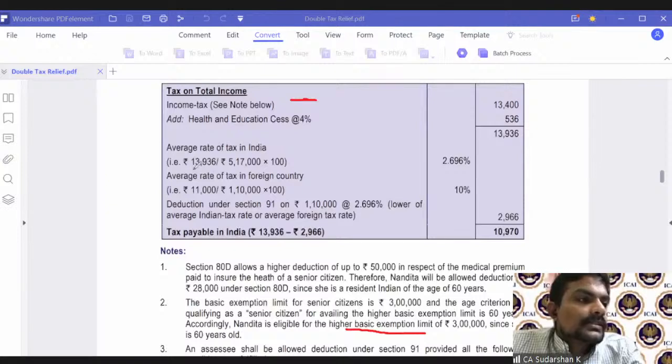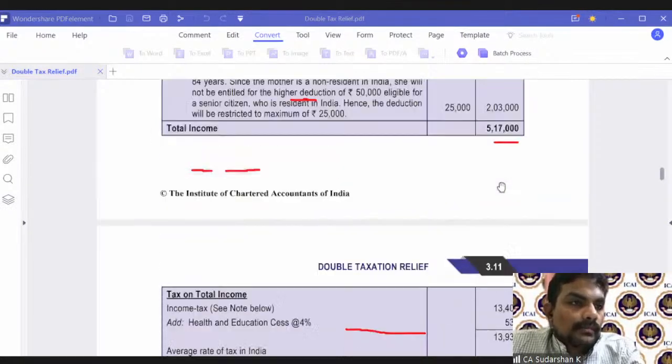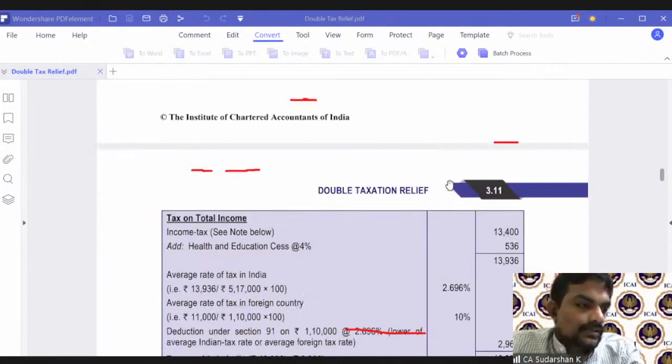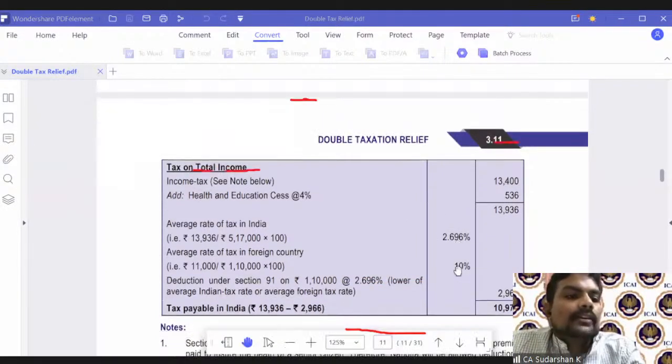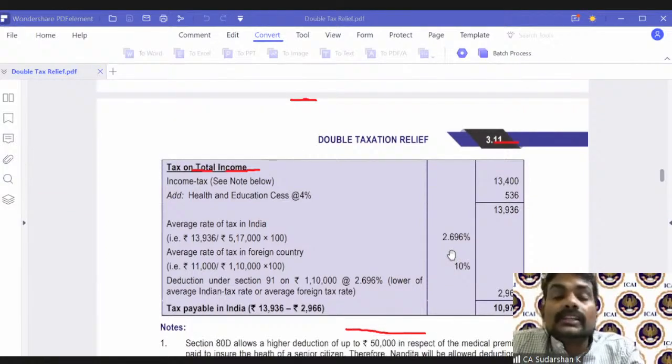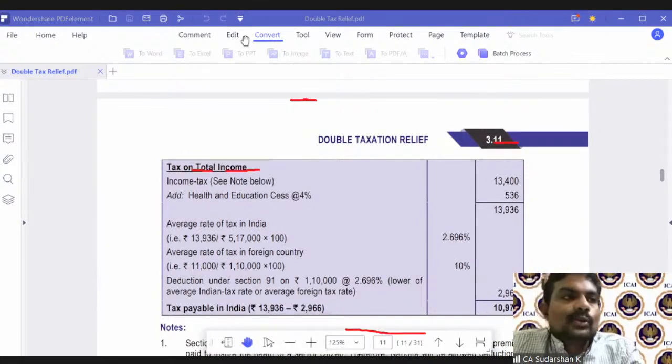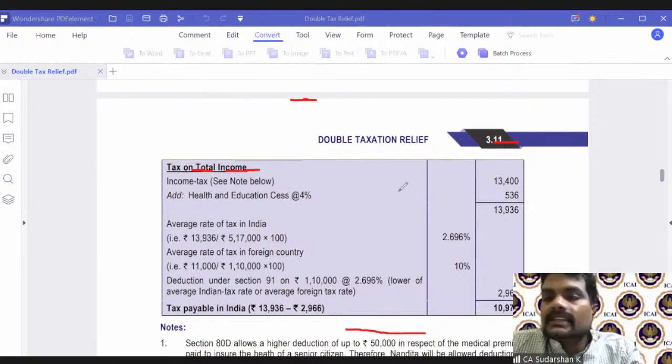That is my tax on total income divided by total income. So tax on my total income 13,936. My total income is 5,17,000. So the average rate of tax works out to 2.7%. So look at this, it just comes to 2.7% is the average tax rate for Miss Nandita.